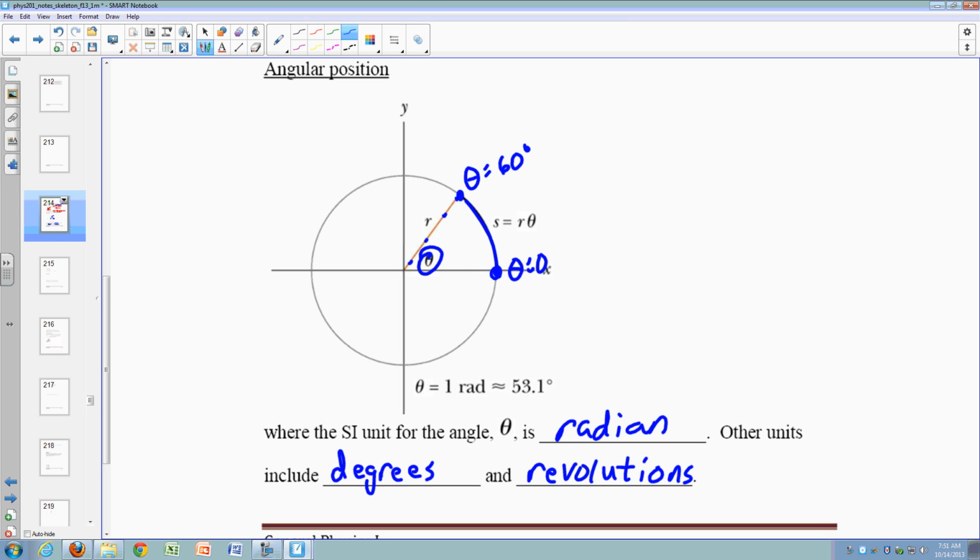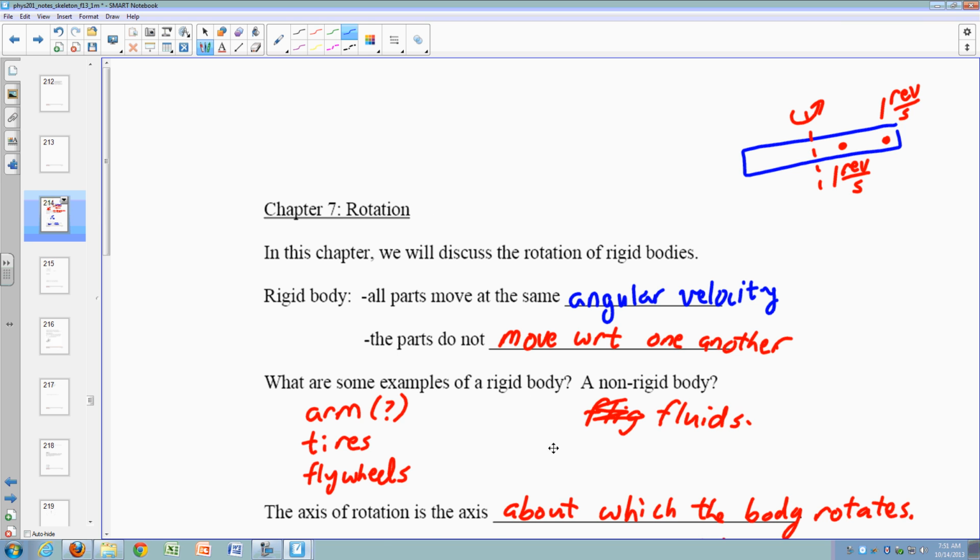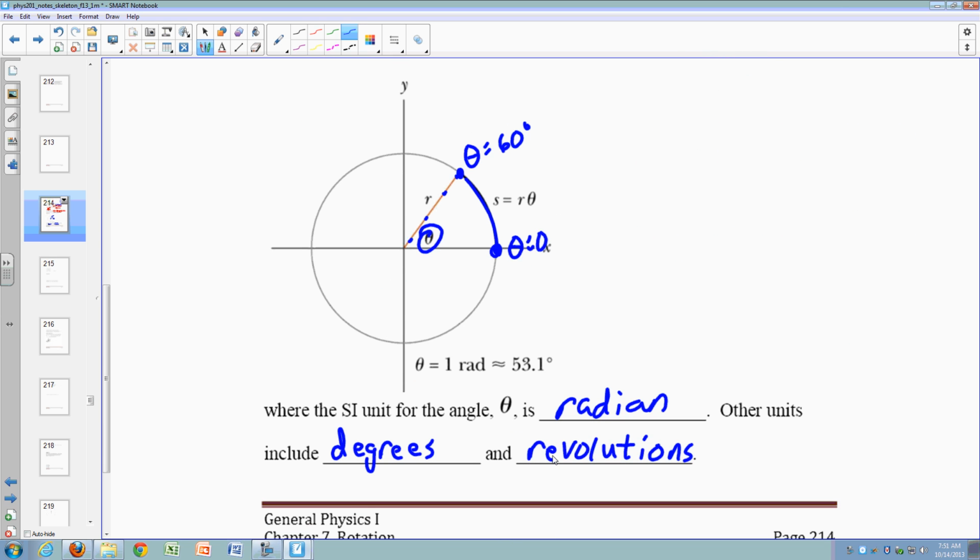Pi radians is equal to 180 degrees, which is equal to 1/2 revolution. Okay. So you'll need to be able to convert between radians, degrees, and revolutions. 1 revolution is equal to 360 degrees, and that's equal to 2 pi radians.